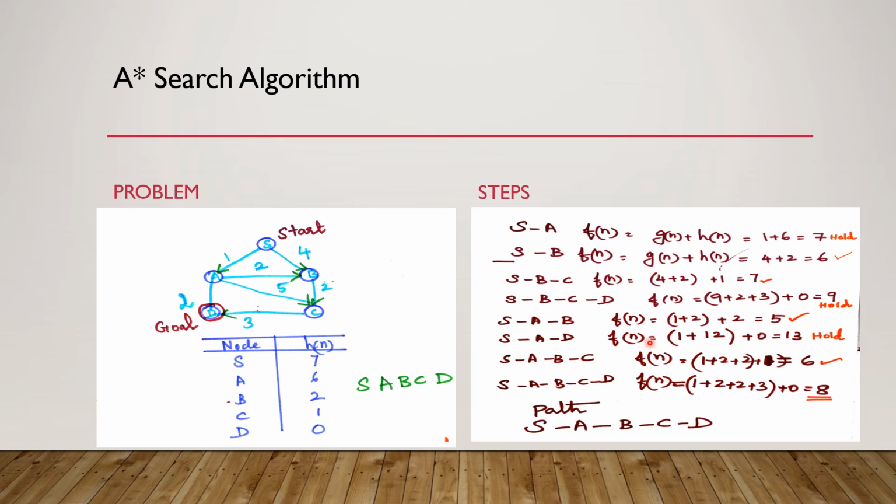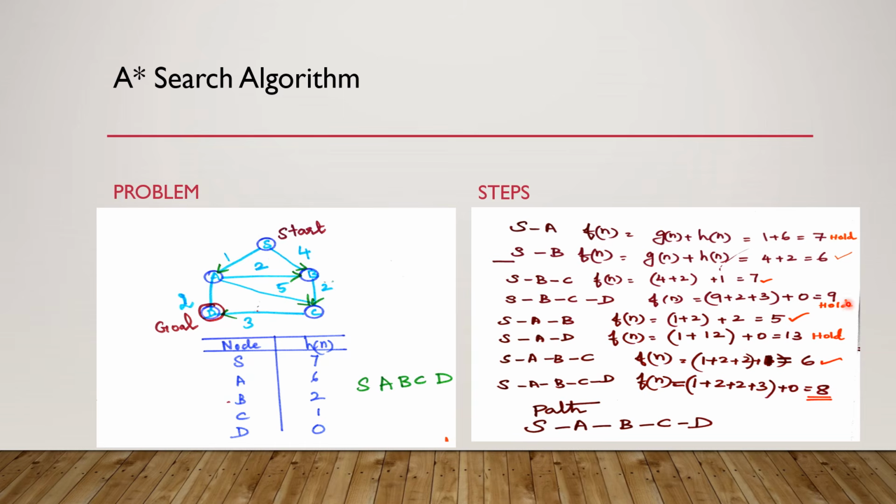F of n is equal to 1 plus 2, this is the total g of n value, plus 2, equal to 5, and S to A to D, f of n is equal to 1 plus 12 plus 0 equal to 13. So now we are taking this S to A to B and expanding, comparing all the values.